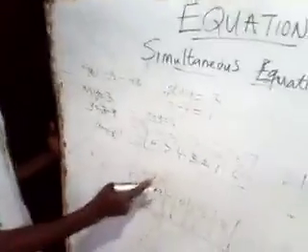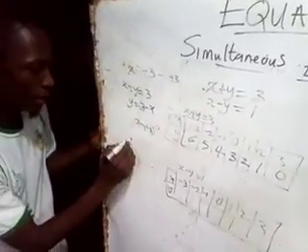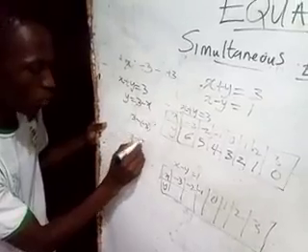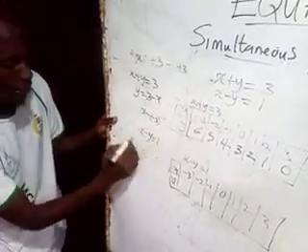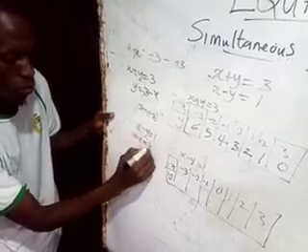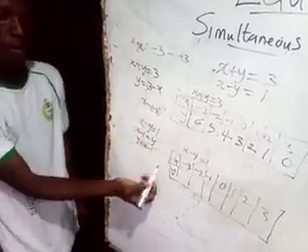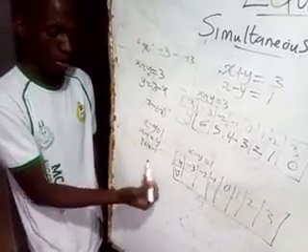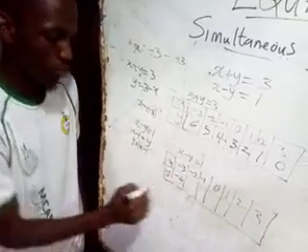Is it clear? While for this one also, we make y the subject of the formula. x minus y equals 1. You can bring your y here, so it will be x minus 1 equals y, the same thing as y equals x minus 1. When x equals minus 3, minus 3 minus 1, you have minus 4.